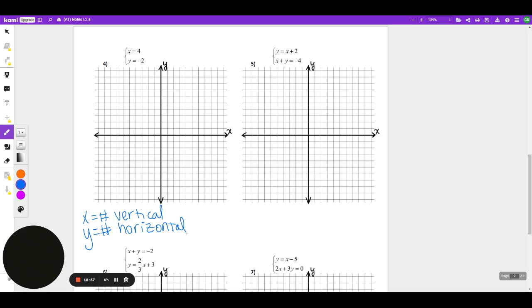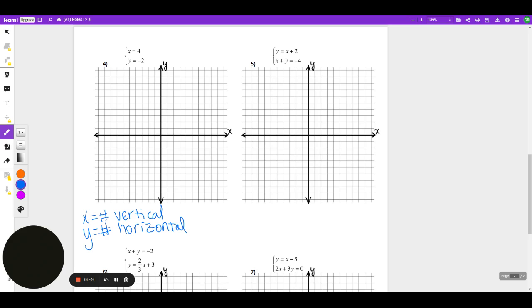We learned this in the last section. These two equations don't follow that y equals mx plus b format that we're seeing in the other equations. So we just need to remember that we have to have this memorized. X equals some number is going to be vertical, and y equals some number is horizontal.